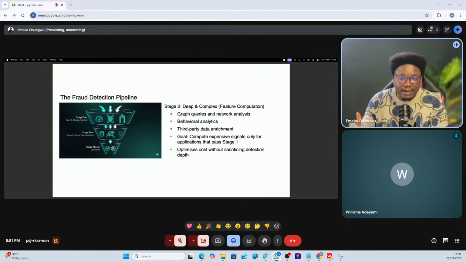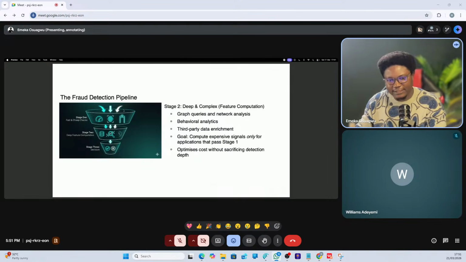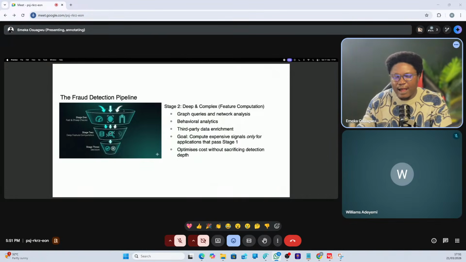Because we have this data and we have the frequency of use, we're able to determine whether or not this is fraudulent. And why this is important is because at the point of lending, customer behavior tends to shift. It's not usually static. You see people trying to fake things. You see people trying to make up data to back up their request so that they are able to scale through the decision process.